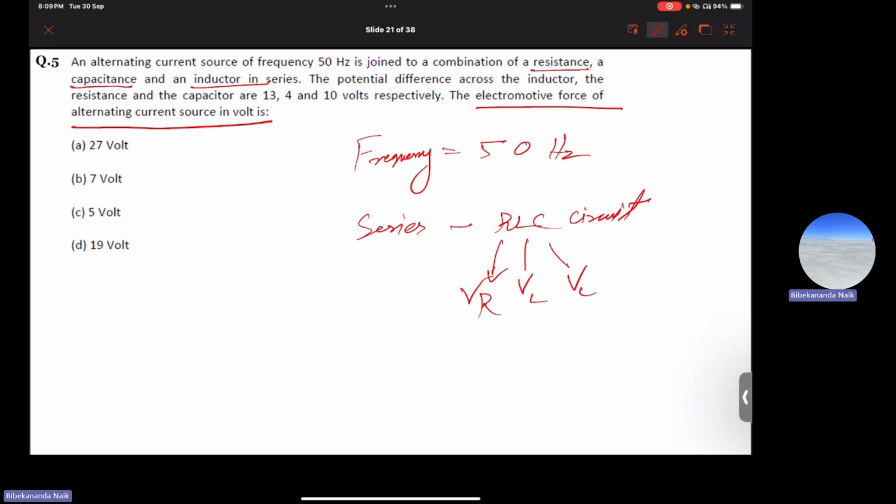The EMF is given by V square equals (VL minus VC) square plus VR square.